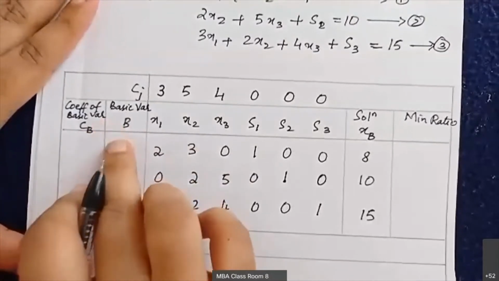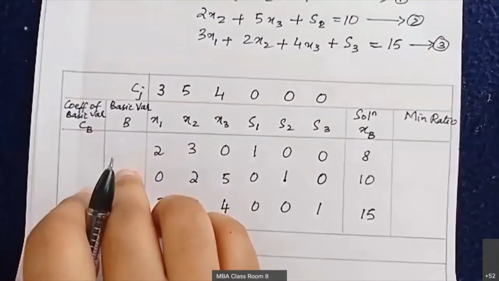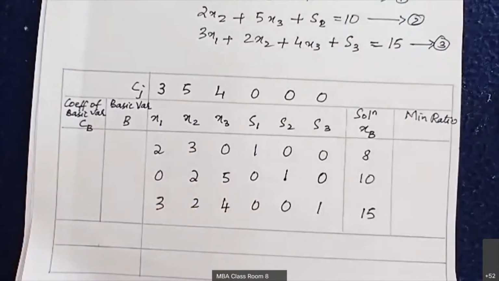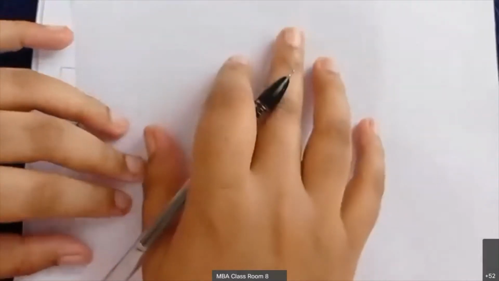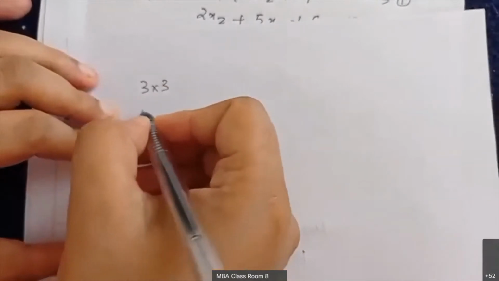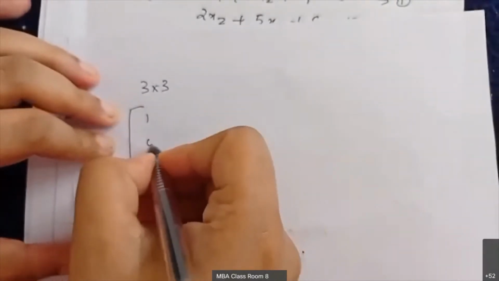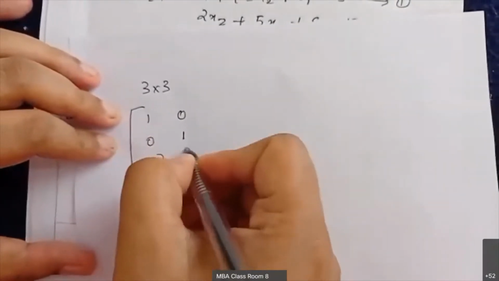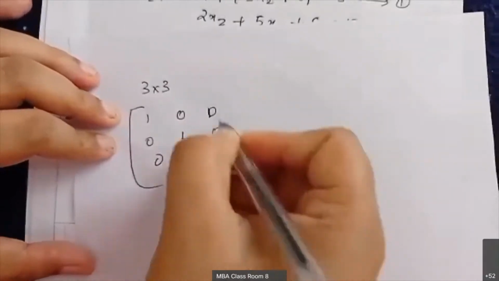So how do we fill the basic variable? Do you know something called the identity matrix? A 3 cross 3 identity matrix will be like 1, 0, 0, 0, 1, 0, 0, 0, 1.